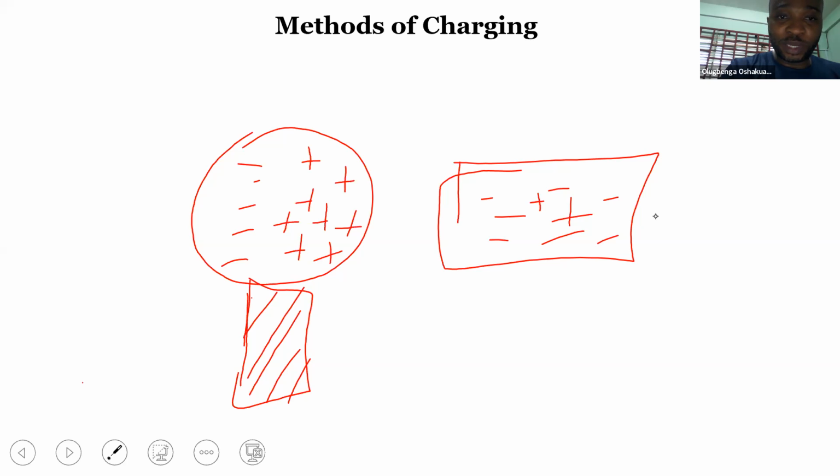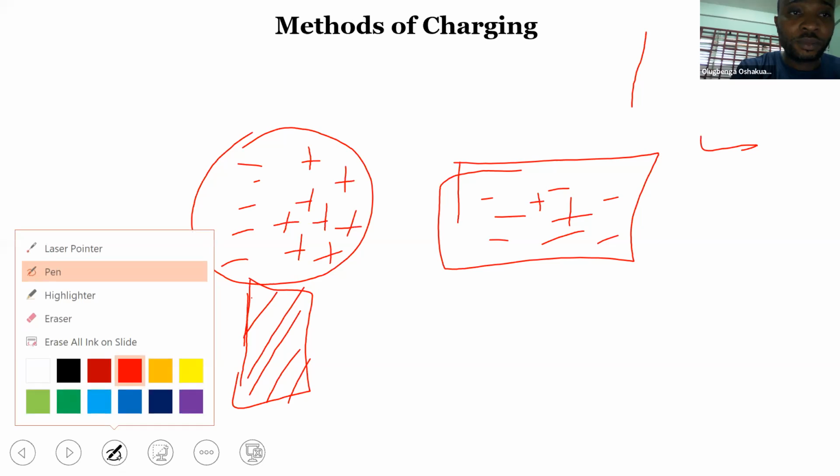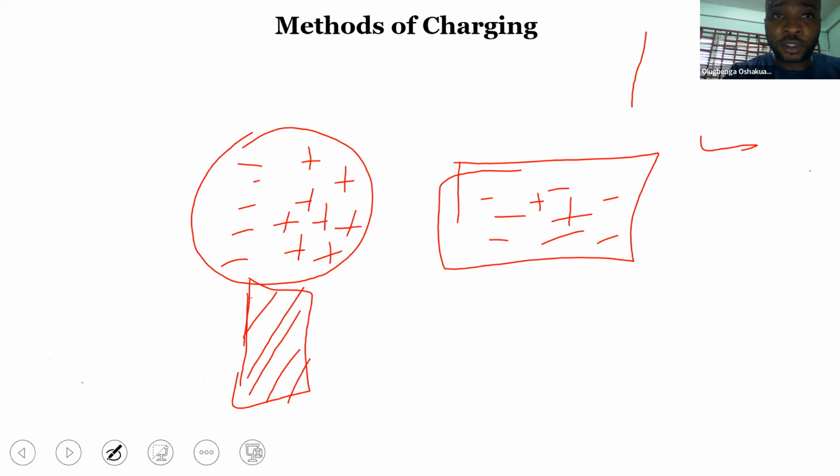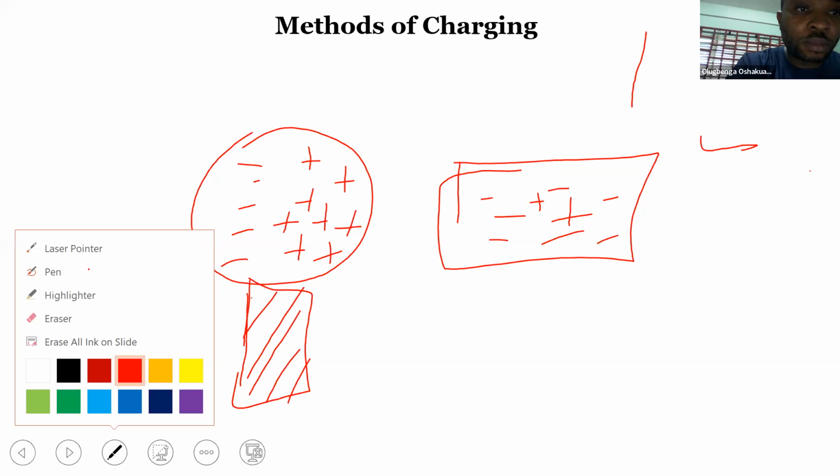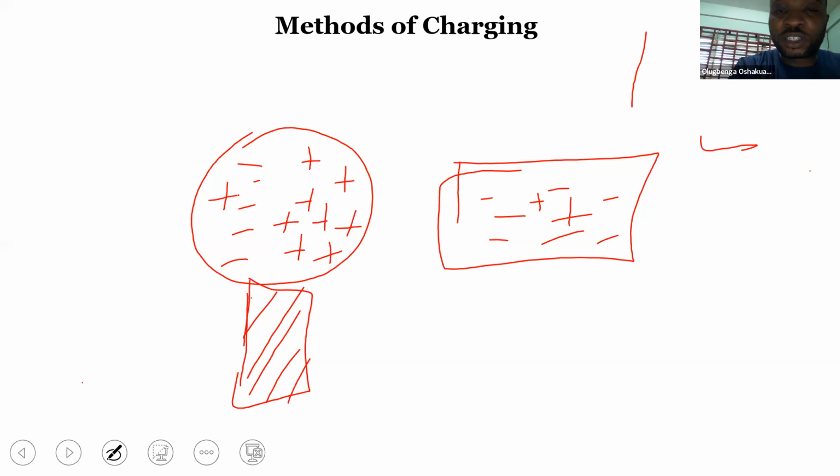Let's look at it in another way. Let's think about it that originally we had a neutral body.